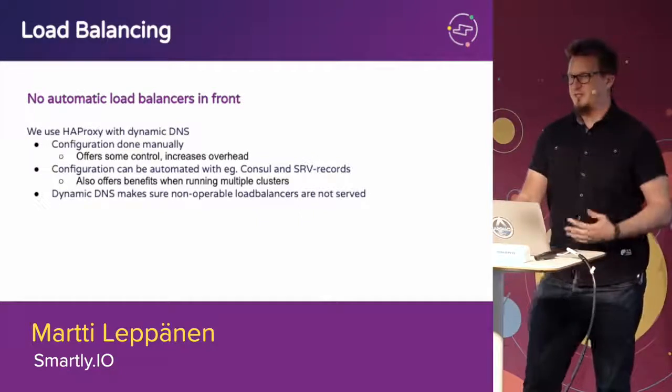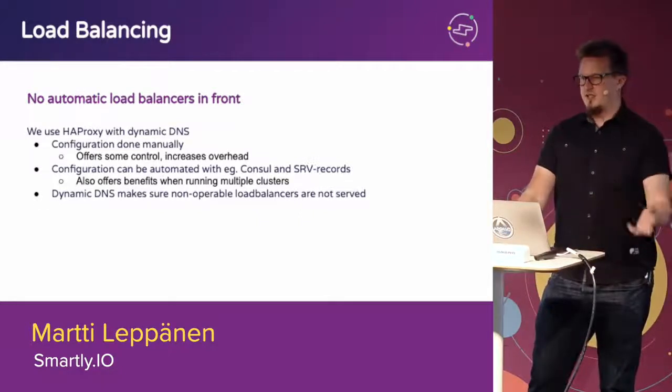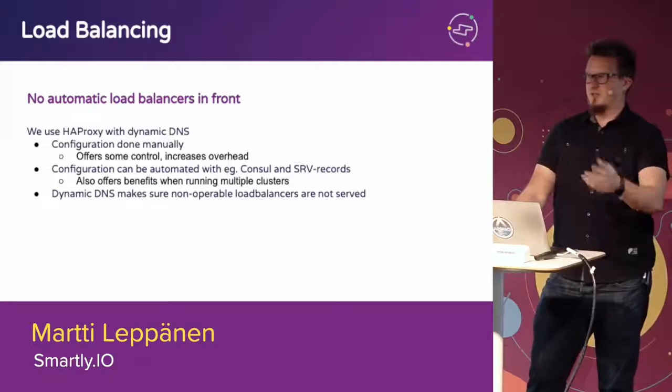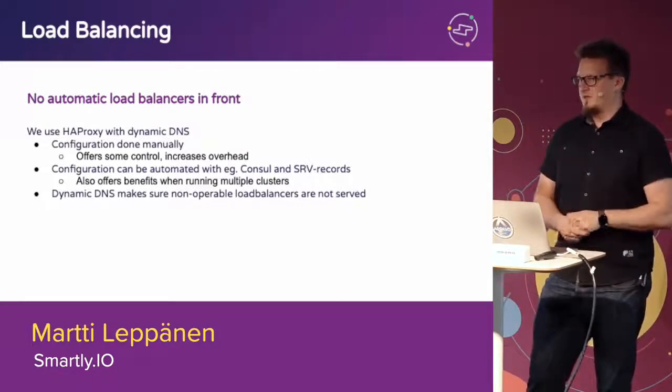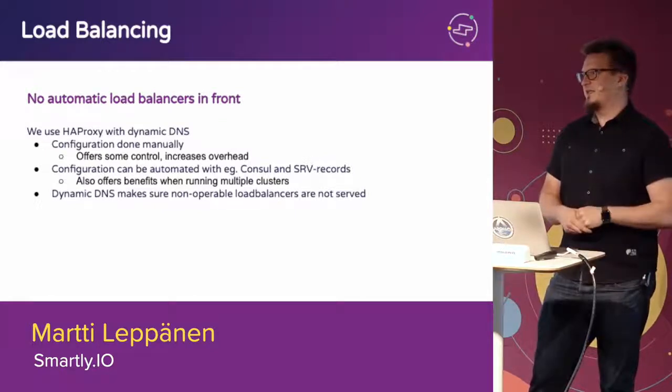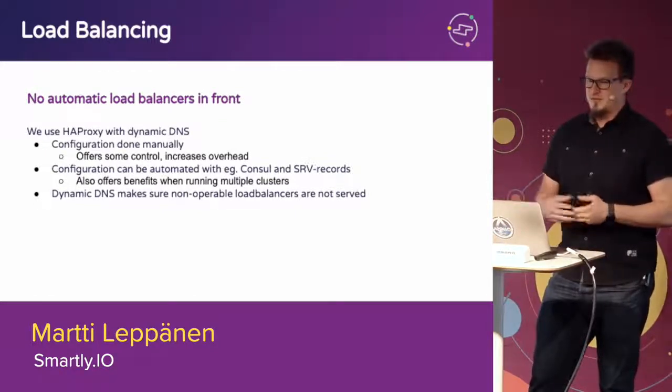And of course, HAProxy itself has health checks and does check that the Kube server on the other side is also running. So if you lose an ingress node, for example, for whatever reason, HAProxy is able to disable that particular ingress server and then move the requests somewhere else.